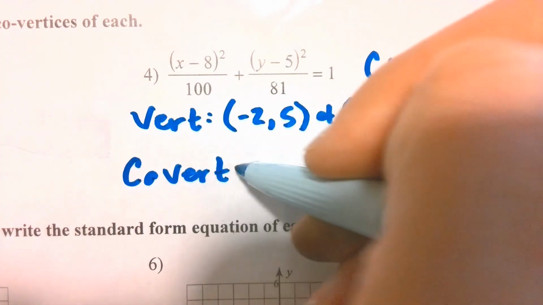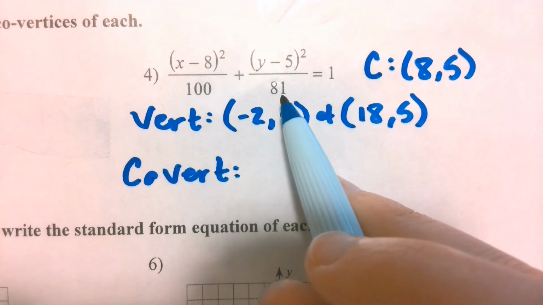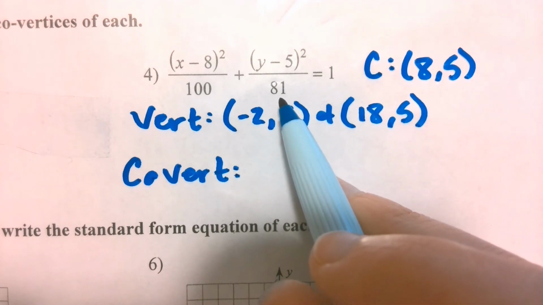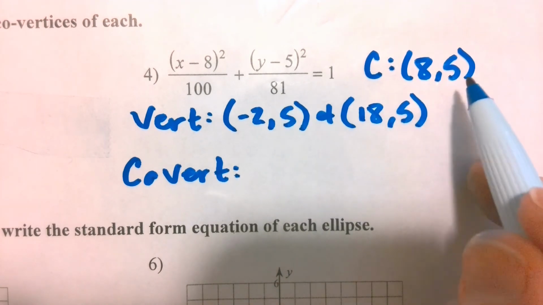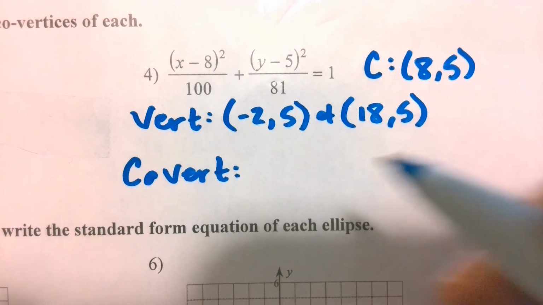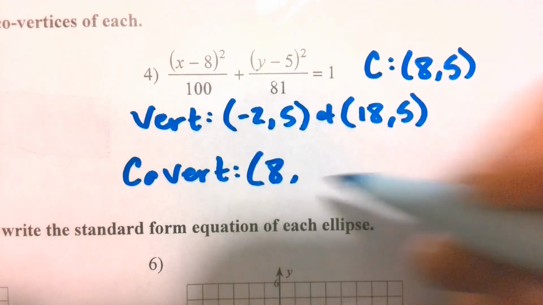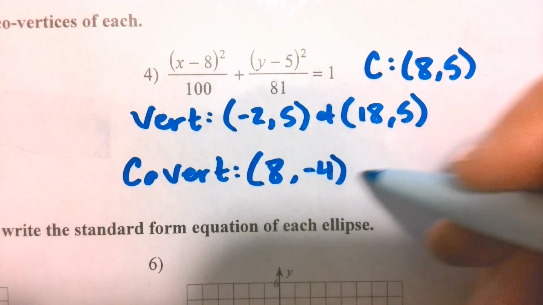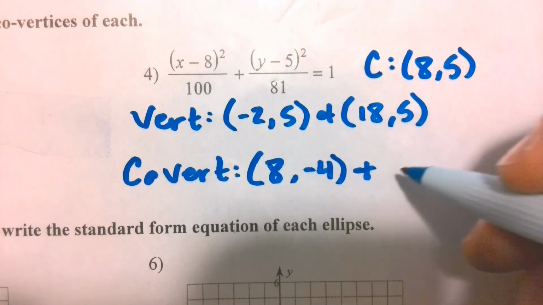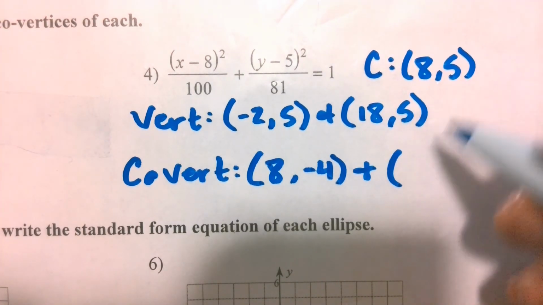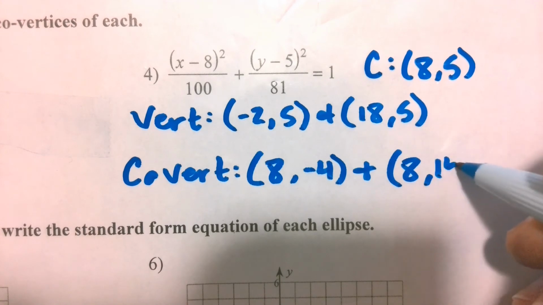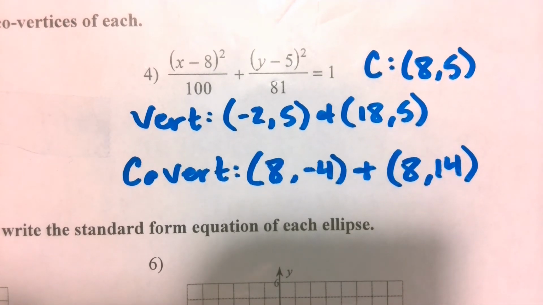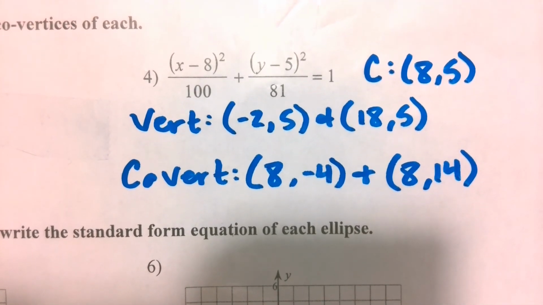For my co-vertices, I'm doing the same thing but with my y values, and I'm going up 9 and then down 9. So if I went down 9 from that 5, I would have an 8, -4, just subtracting 9. If I went up 9, I would have an 8, 14. So that is how you would find vertices and co-vertices if you weren't going to graph it.